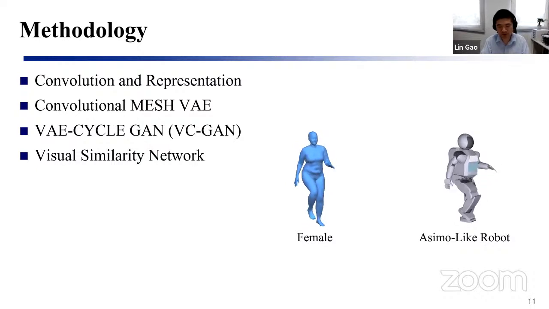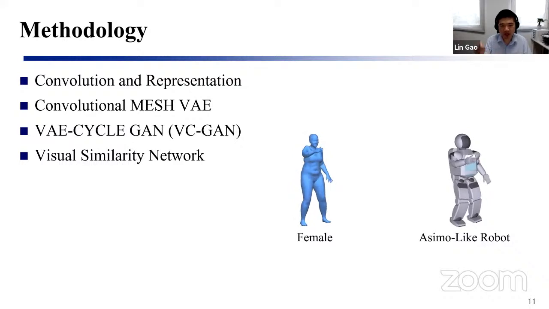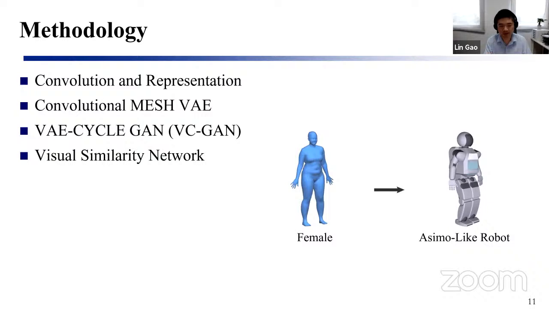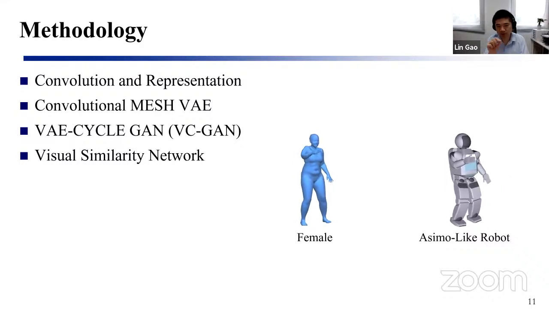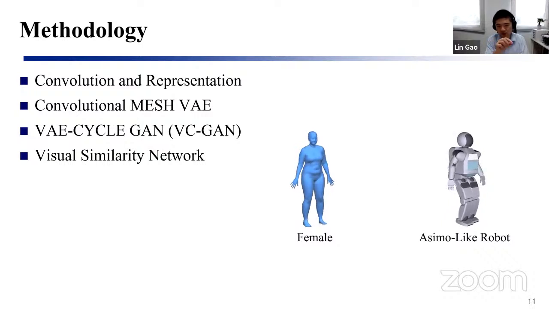We know that in previous works, they could do this task by labeling the correspondence between the vertices of the female model and the Asmo-like robot. So they could label the correspondence for each vertex and then transform the deformation gradient.